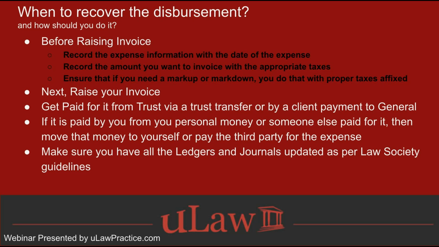And if it is paid by you from your personal money, you have one additional step to note down here, which is you will have to pay yourself. You will do a drawings transfer from your uLaw account and say that payment to myself for recovery of disbursement or reimbursement of disbursement paid for the specific client on the specific day.